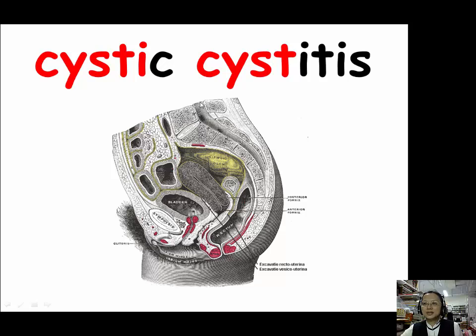Our example for cysti is cystic cystitis. What is a cystic cystitis? Cystitis is the inflammation of the urinary bladder, also called urocystitis. And cystic cystitis means this person's bladder inflammation has many cysts.